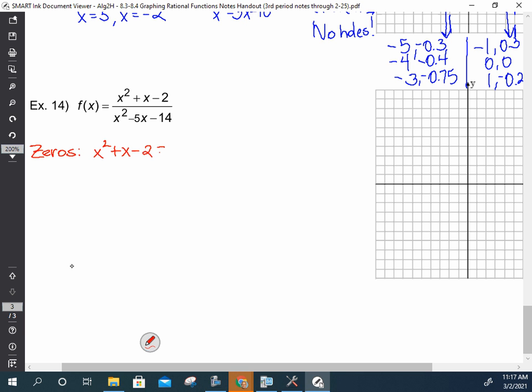Take the numerator, set it equal to 0. That's x plus 2 and x minus 1. So x equals negative 2 and x equals 1. Those are your two zeros.